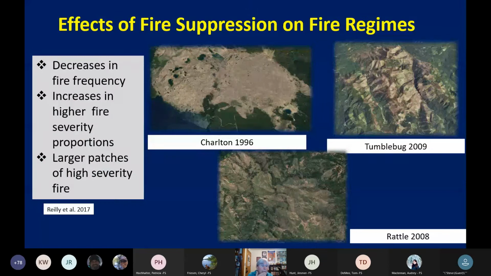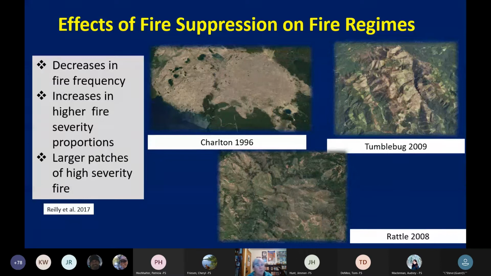And when Matt Riley and his cohorts looked at our modern fire regimes, they really found that our modern fire regimes are definitely a lot less frequent than they were historically.